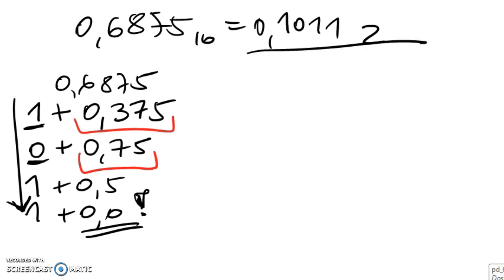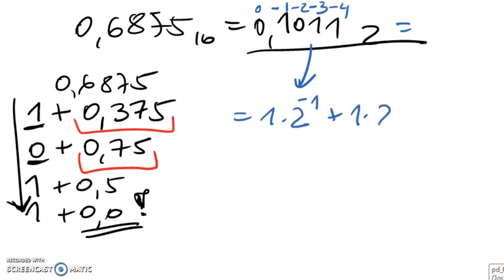If you'd like to express this in decimal, you denote that this is the 0 power of 2, this is the -1 power of 2, -2 power of 2, -3 power of 2, -4 power of 2. And then you write that this is equal to 1 times 2 to the power of -1 plus 1 times 2 to the power of -3 plus 1 times 2 to the power of -4.